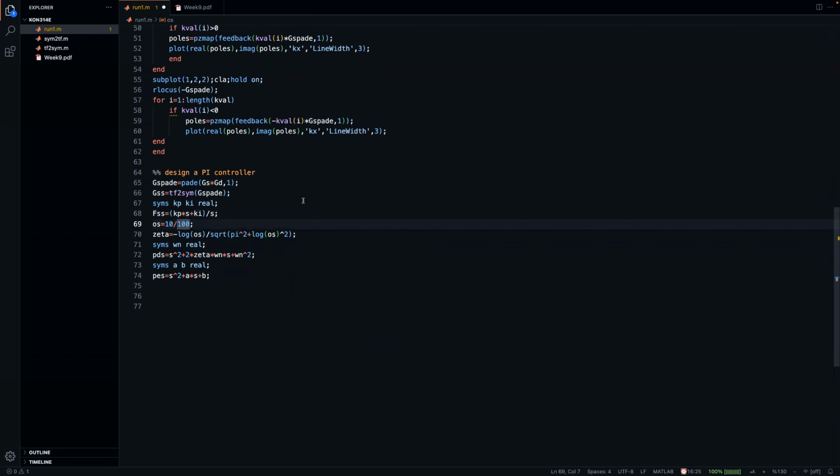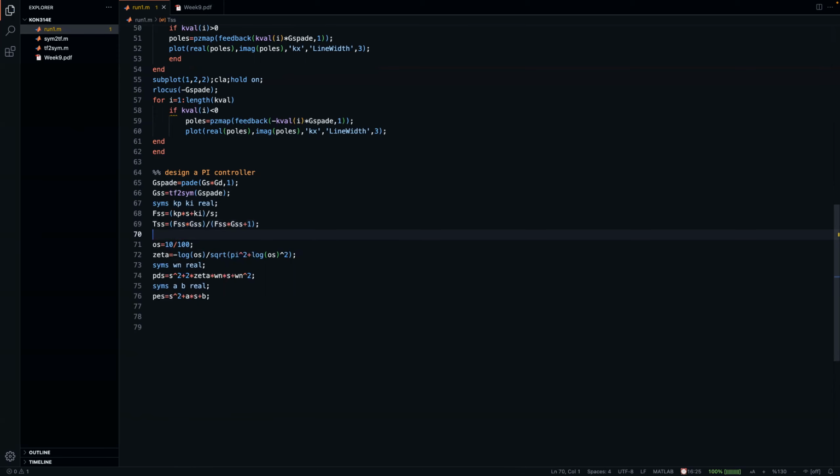There we go. And then the closed loop is going to be like this, and then PZS, PCS, norm then PSS.